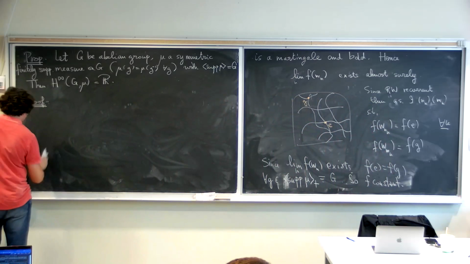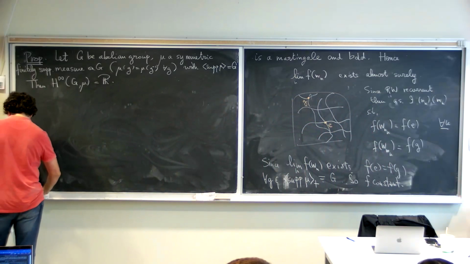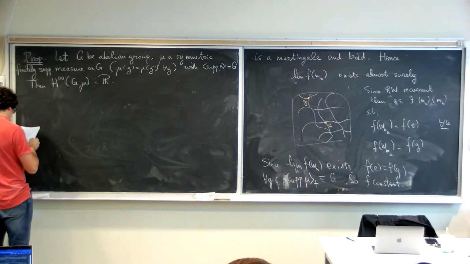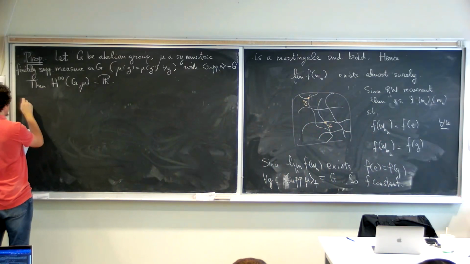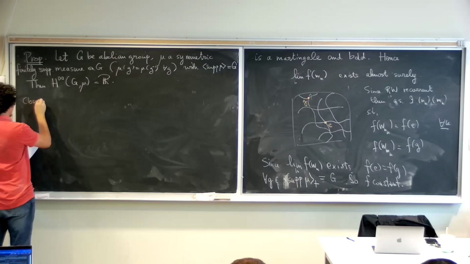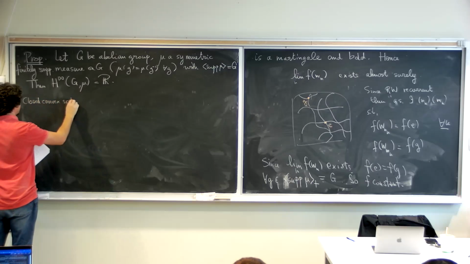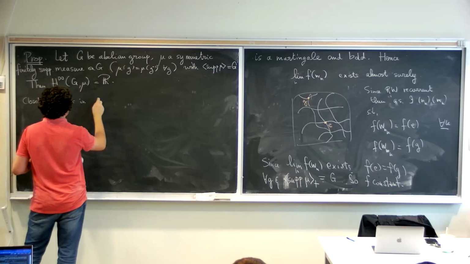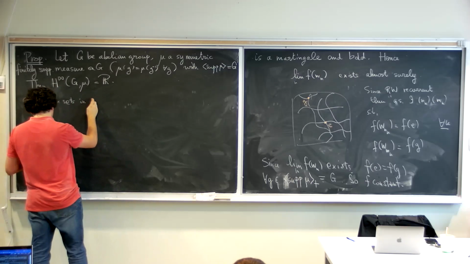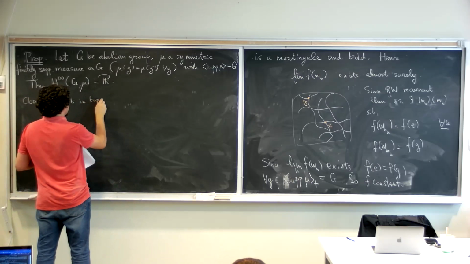So before writing the proof, we look at a minor detour. We want to say something about closed convex subsets in topological vector spaces.